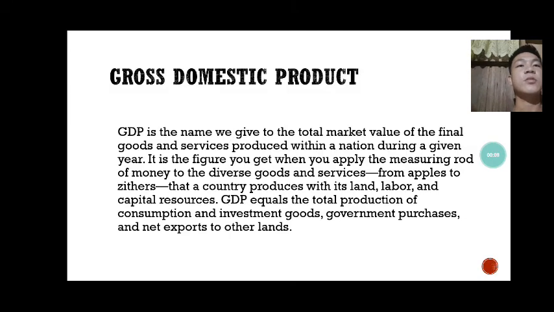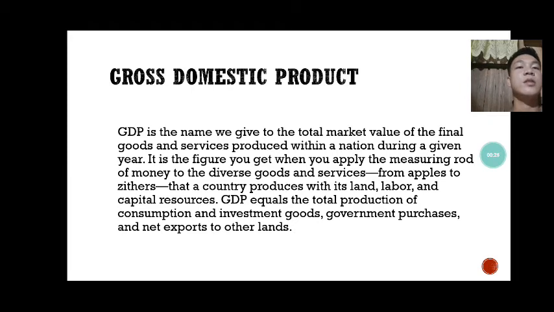Gross domestic product, or GDP, is the name we give to the total market value of the final goods and services produced within a nation during a given year.